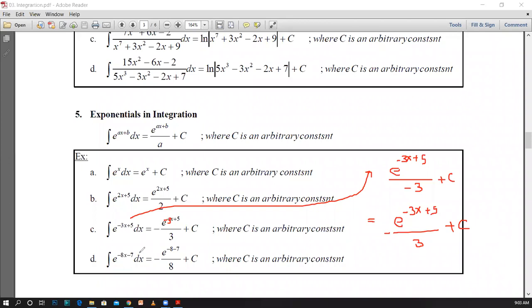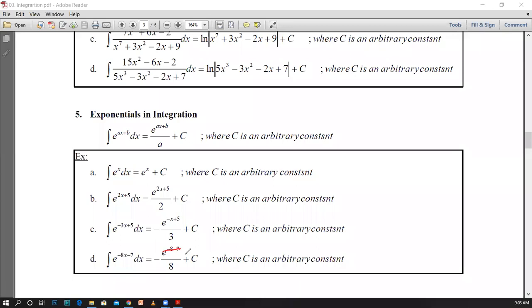As the last example, you can see it is the integral of e to the power minus 8x minus 7. Then you can get the answer as e to the power minus 8x minus 7. If I write the answer separately, I will get e to the power minus 8x minus 7, which is the function appearing as the power.